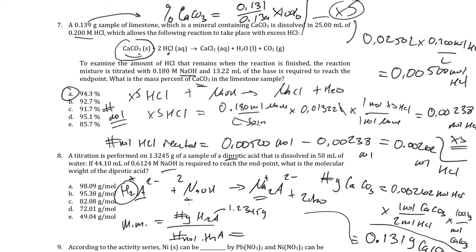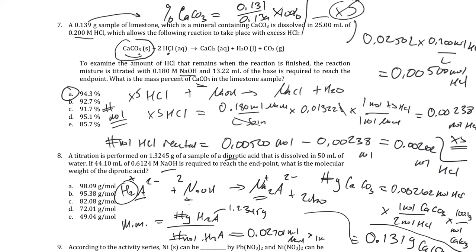So I'm going to do the math. I'm running out of room, but I can do 0.04410 times 0.6124 moles per liter to get the moles: 0.02701 moles of NaOH that had to be added.